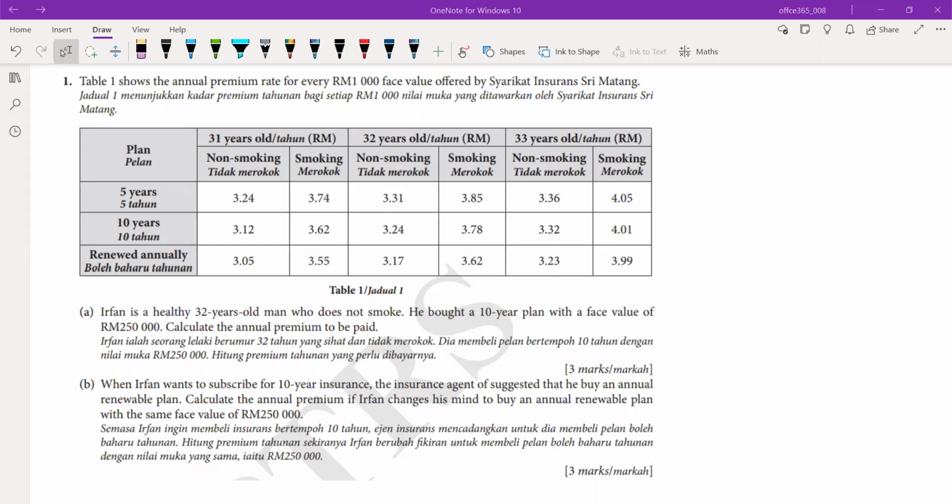Insurance. All this chapter very, very new. Seldom come out. I mean, never come out before last time. So now got all this, so past year also cannot find. The only thing is you have to do some of the state questions. So I'm giving all these different state questions. So I can share with you easily.